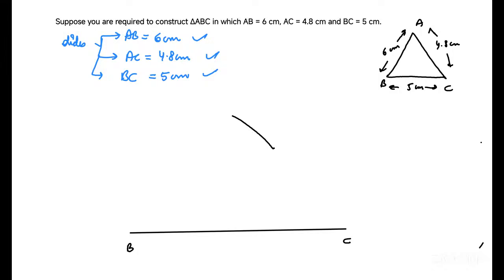Now measure 4.8 centimeter like this. Open the compass, measure 4.8 centimeter on the ruler, and put the tip of the compass on C. Quickly put the tip of the compass on C. And then make an arc like this. Understood?